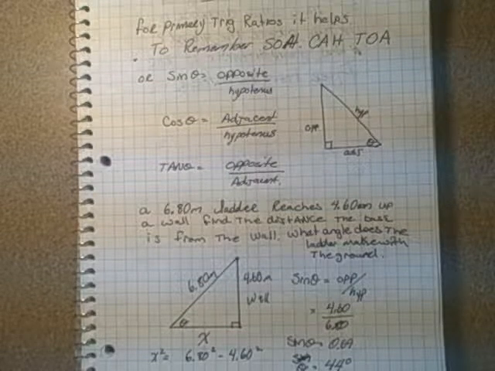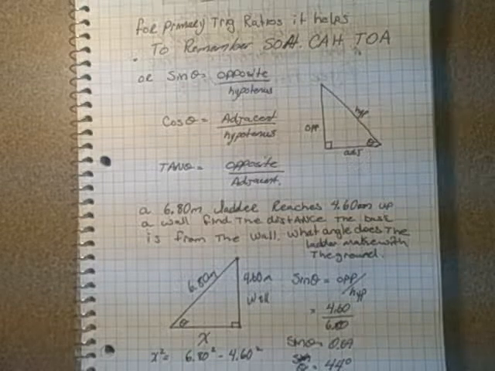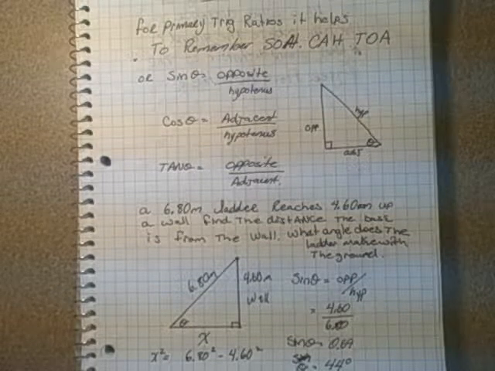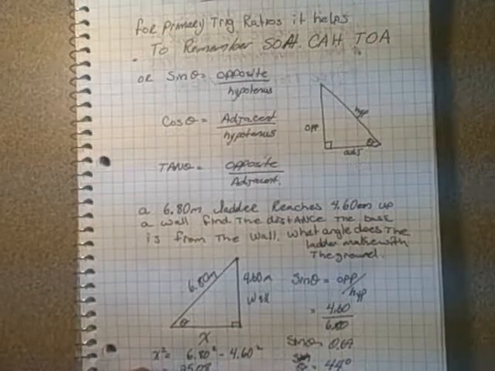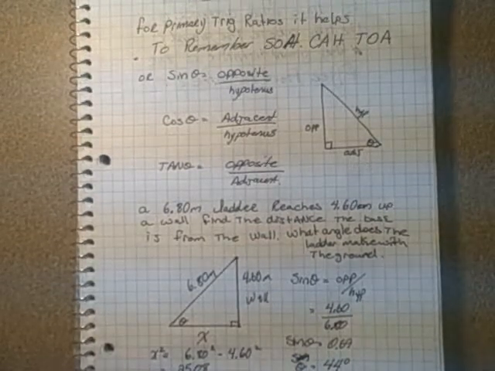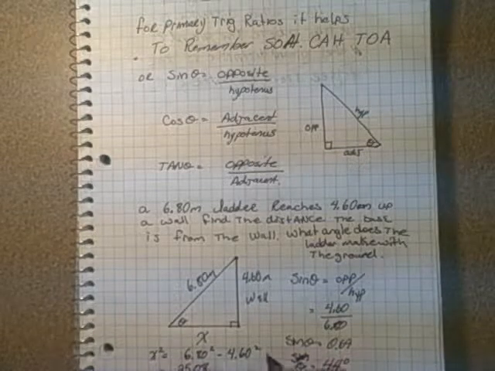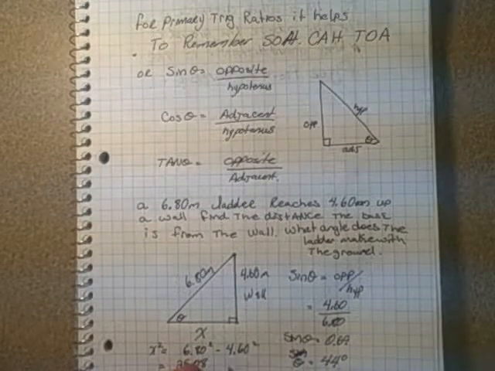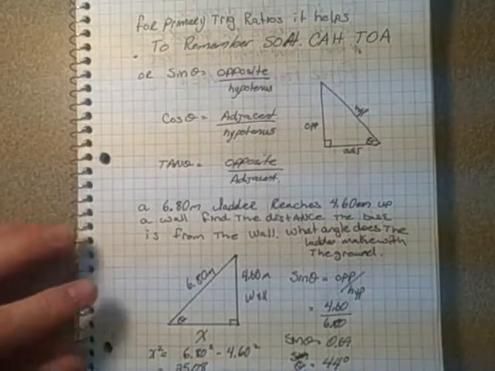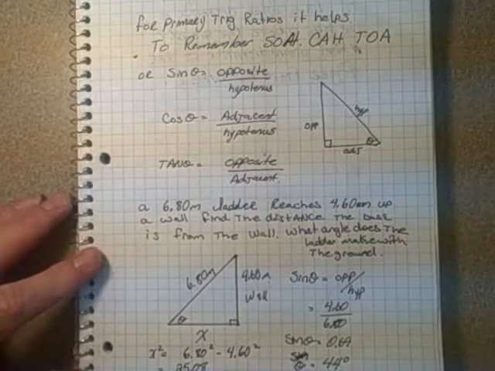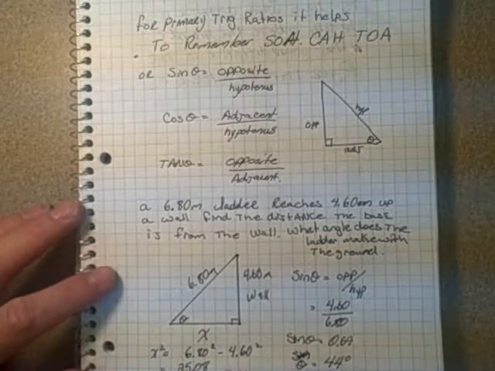So 6.8 squared is 46.24, minus 4.6 squared, 21.16. That's 25.08. And root that to get x, 5.01 meters. So we can write a sentence saying that the angle with the ground is 44 degrees and the distance from the wall to the base of the ladder is 5.01 meters.